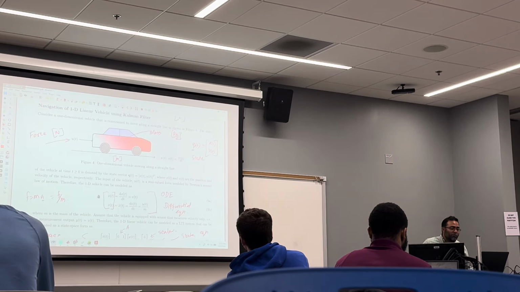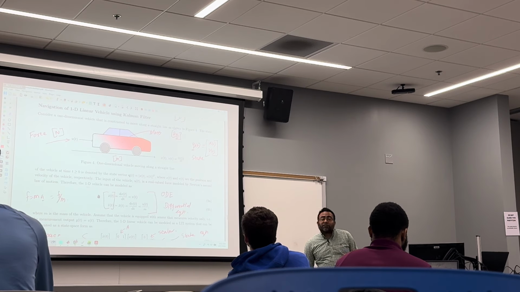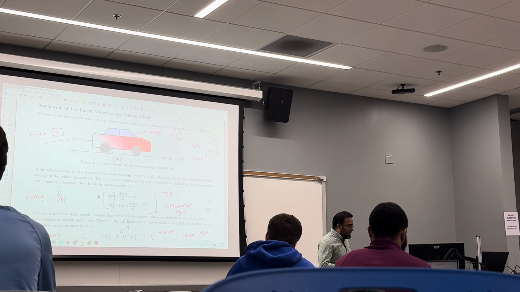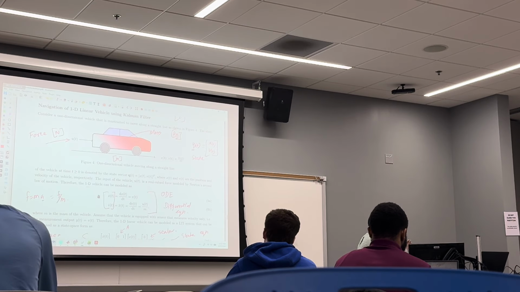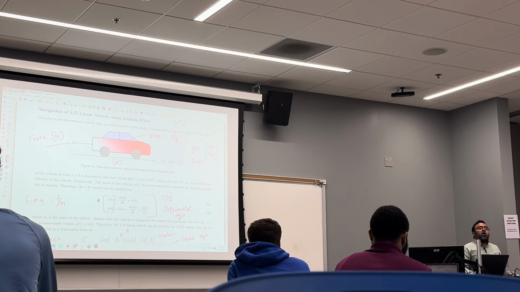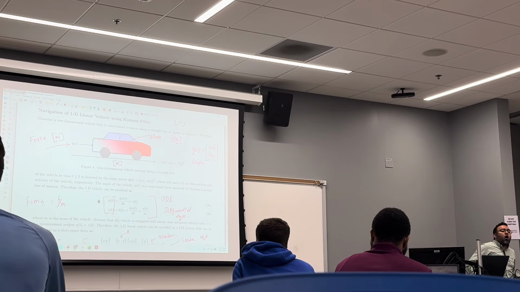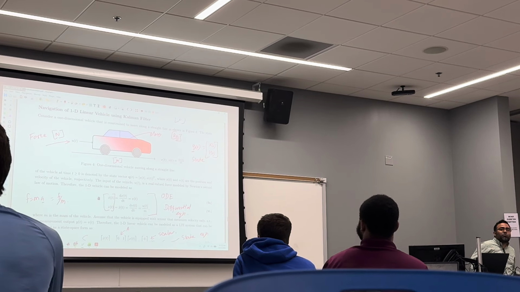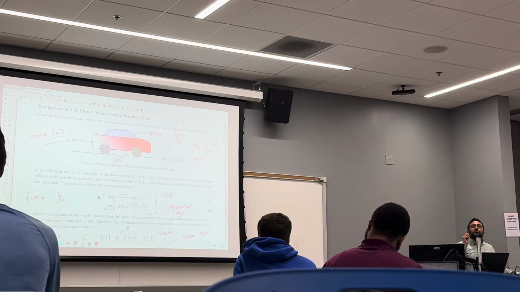Now, what is the problem that we are going to solve? The problem is that this vehicle is moving along one axis. All that you know is that from its speedometer, you just know its velocity.